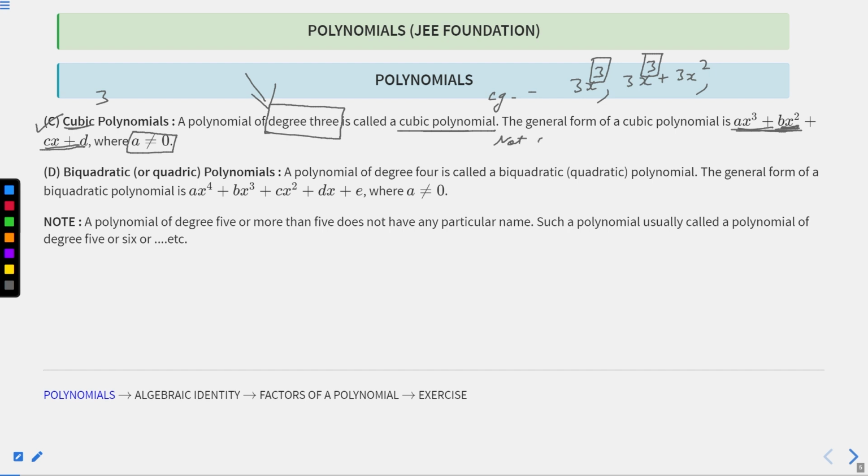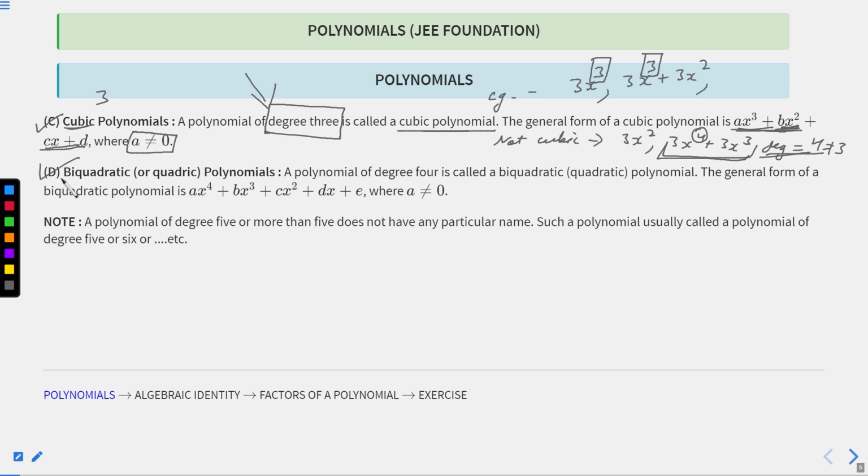Not cubic, for example, is just 3x square. 3x to the 4 plus 3x cube: the degree for this polynomial is 4, because the highest power of x is 4. So the degree is not equal to 3. This means this polynomial is not cubic. I hope this is clear.